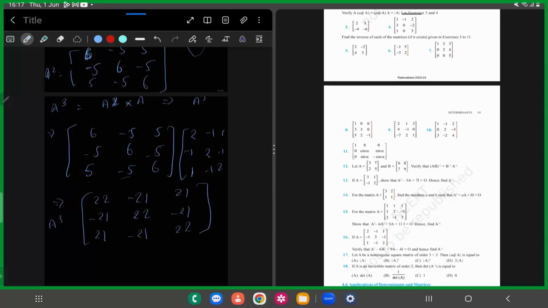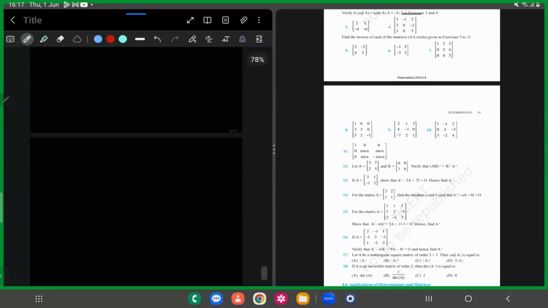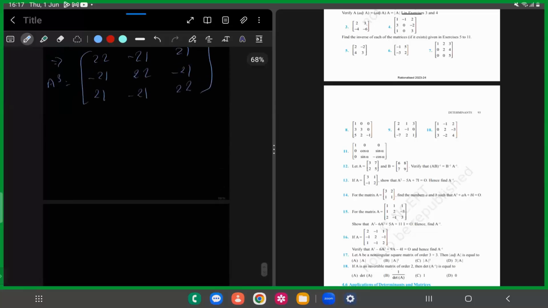So now we have obtained all the terms, and all we need is just to put in the values. Okay, so we'll put the values, and there are also some constant terms that are multiplied. We have to find A cube minus 6A square plus 9A minus 4 times I equal to 0.